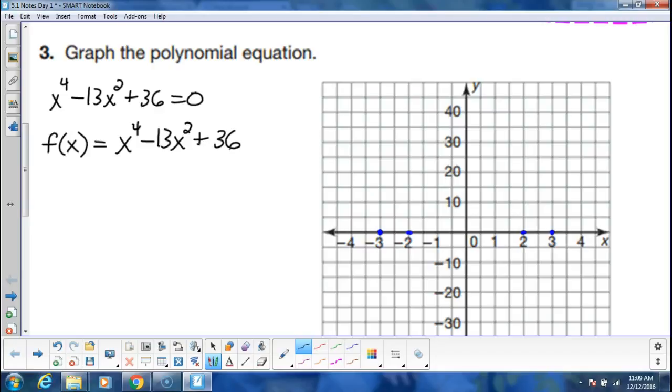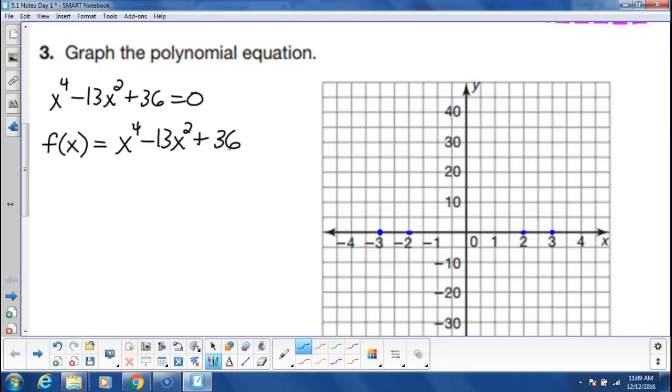Allie? Both of them would be pointing in the same direction. The degree is even, so the biggest exponent is even, which means the left and the right side are going in the same direction.